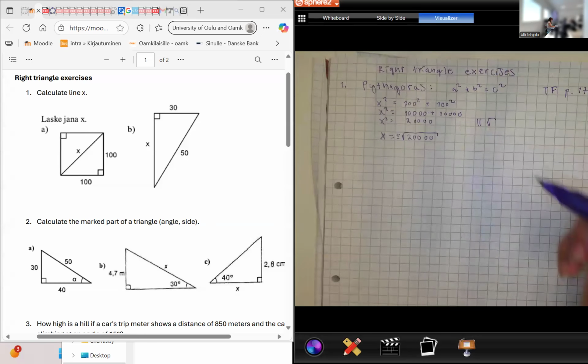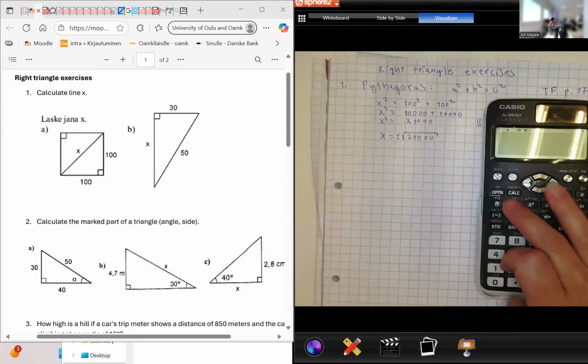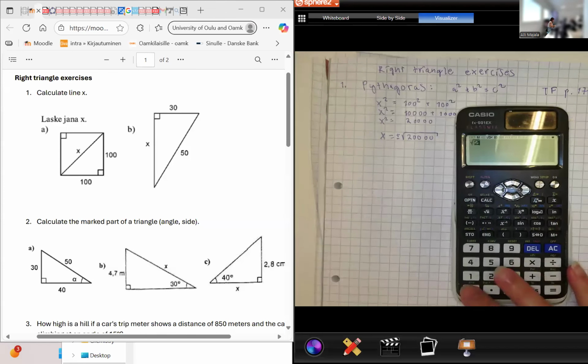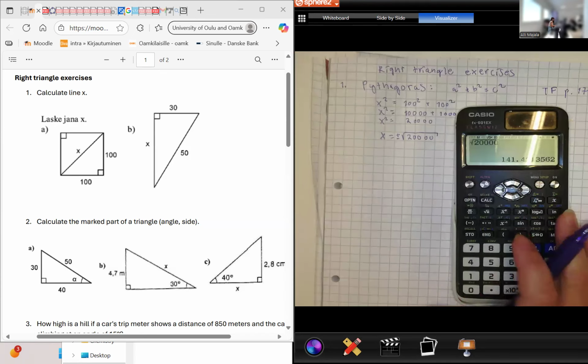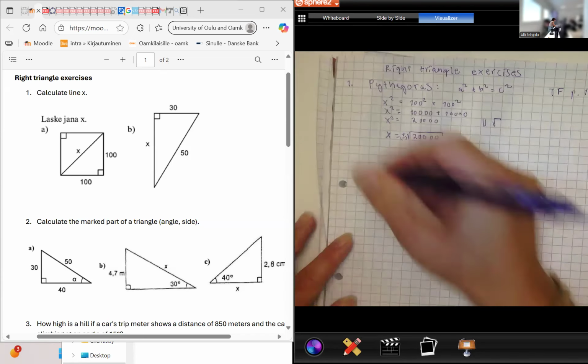It doesn't make any sense. But in some other kind of calculations then. And then you have this root somewhere in your calculator. So you just write the number there, and just like that, you get something out of it. You can't really have a negative length.